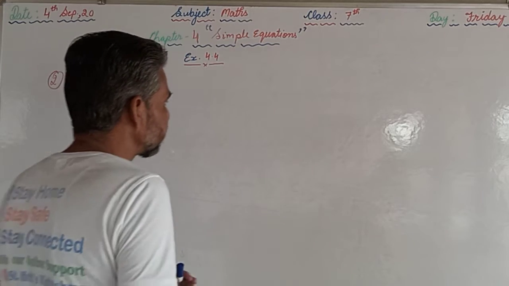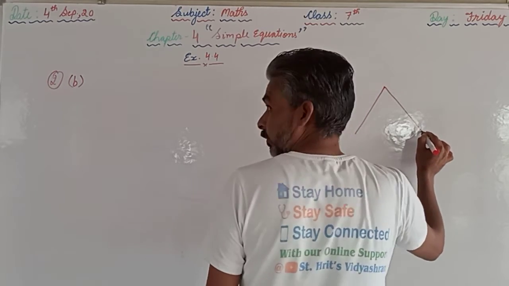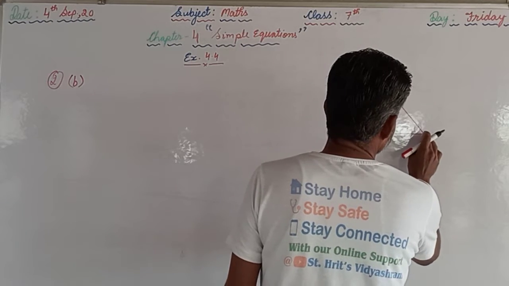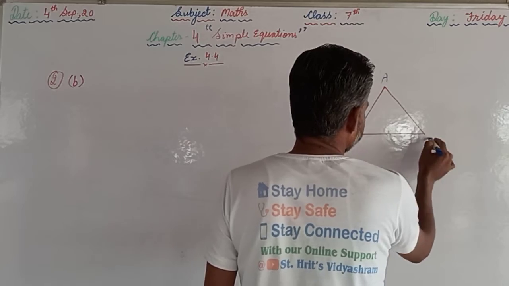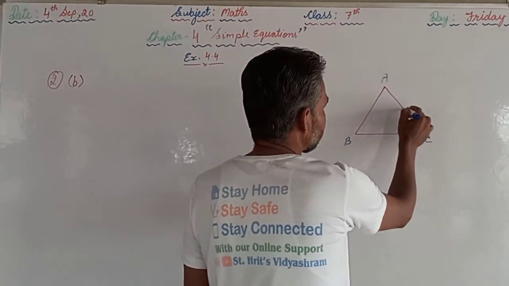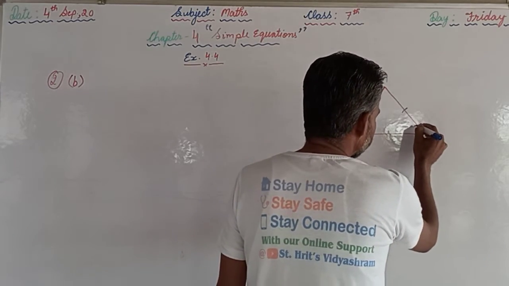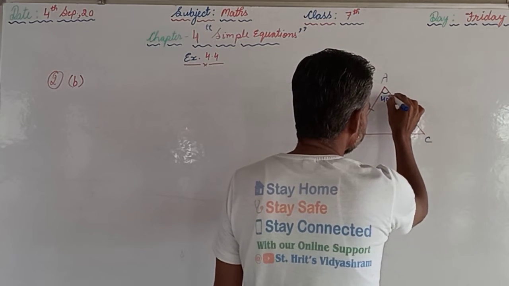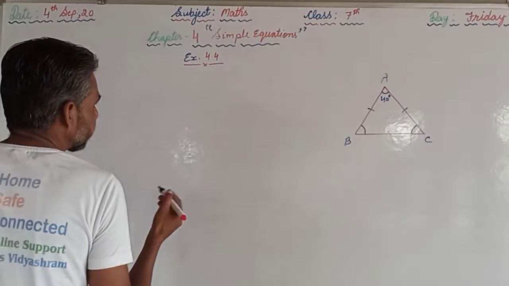Now one isosceles triangle is given, named ABC, in which the base angles are equal. We know that in an isosceles triangle the opposite sides are equal, so the base angles will be equal, and the vertex angle is given, that is 40 degree. So we have to find the base angles.